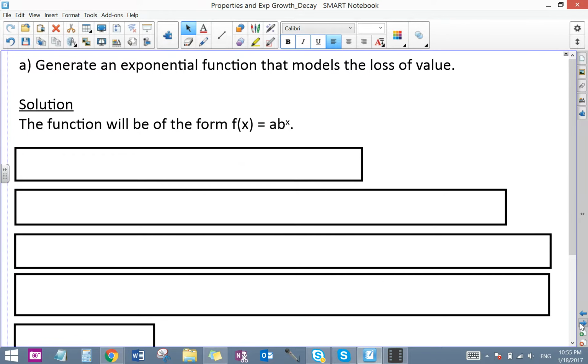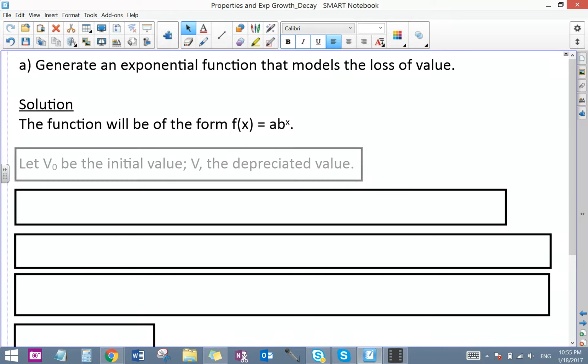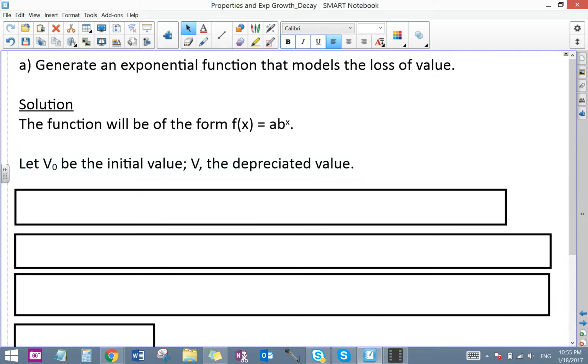In this case, it's going to be the decay factor in our problem. So to make it more contextualized or real world, let's let v sub 0, sometimes called v naught, be the initial value, whereas v is going to be the depreciated value. So depreciated value can be thought of as a discounted value, a remaining value, or the cost of something, in this case a vehicle, after it's lost money.